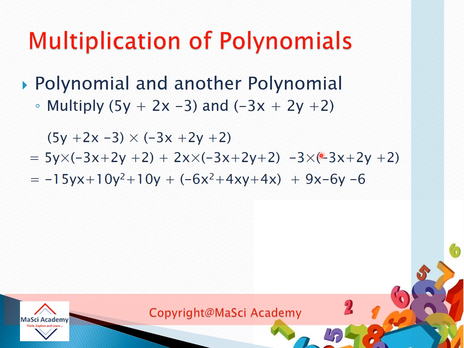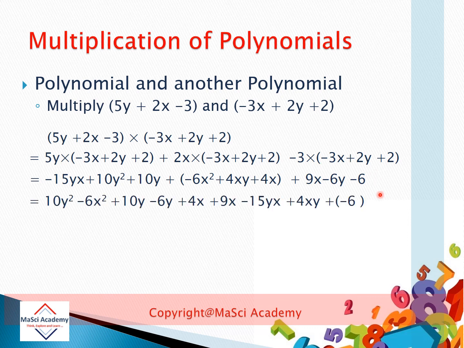Minus 3 multiplied by minus 3x becomes plus 9x. Minus 3 multiplied by plus 2y becomes minus 6y. Minus 3 multiplied by plus 2 becomes minus 6. So we have to be very careful when we have a negative number outside the bracket while opening the brackets.